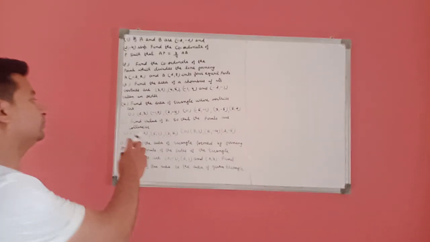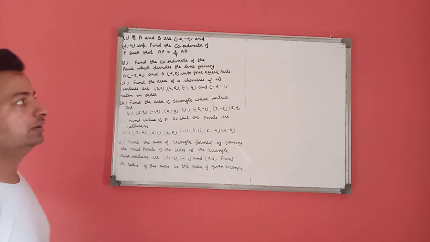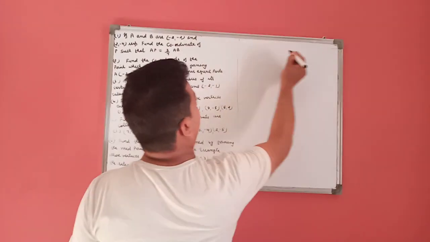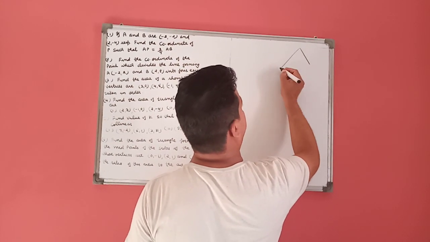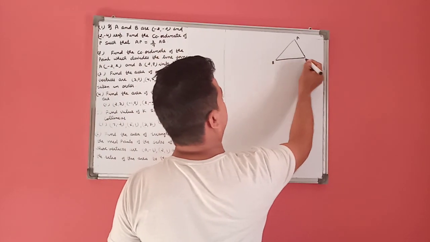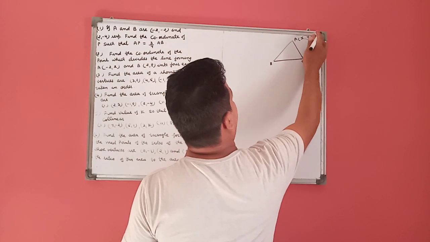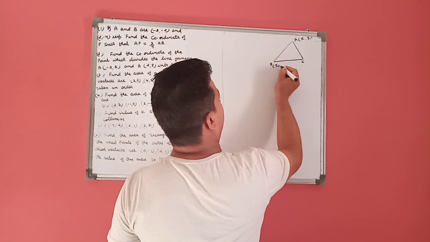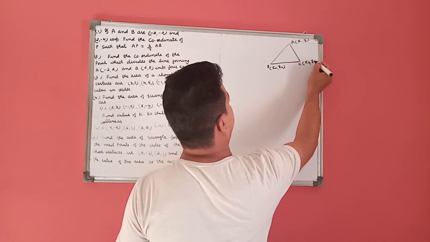In questions number 4, 5 and 6, that is area of triangle. First of all, we find the area of a triangle. For this, let us consider a triangle ABC. Suppose that the coordinates of A are (x1, y1), the coordinates of B are (x2, y2), and C is (x3, y3).